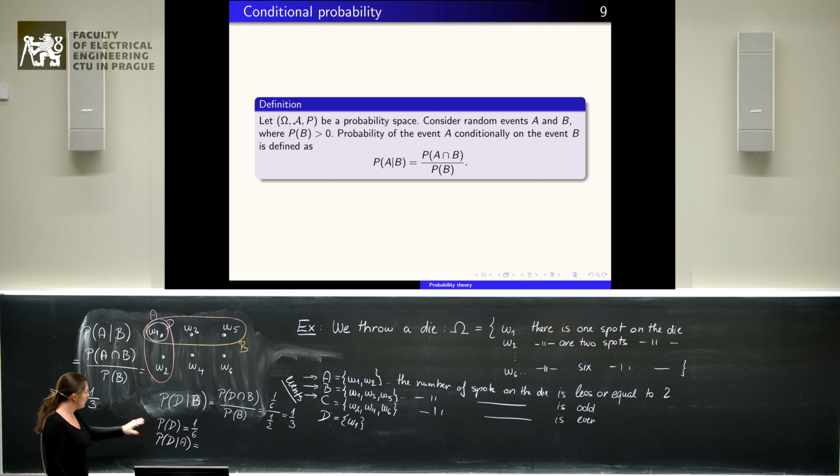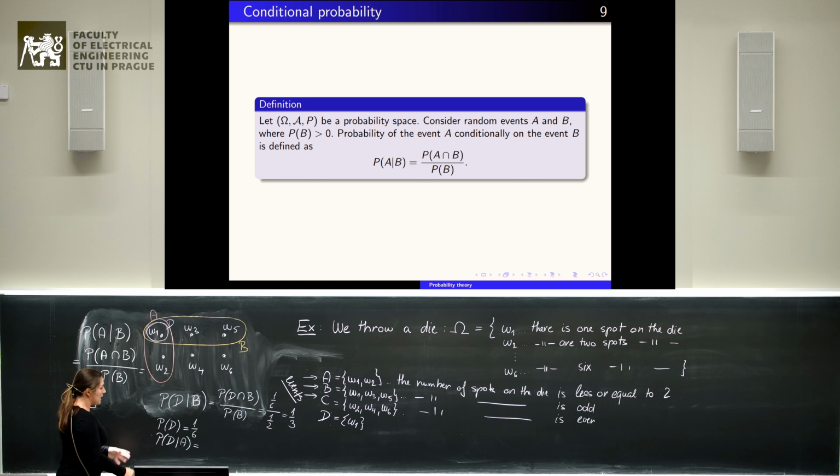And when we consider, for example, the probability of D conditionally on A, so it means what is the probability that there is one spot on the die when we know that the number of spots is less or equal to 2, then it must be 3 times as large as the original probability, because again we have some probability of the elementary events that the number of spots is at least 3, and this probability, which was originally 2/3, must be uniformly added to these two events.